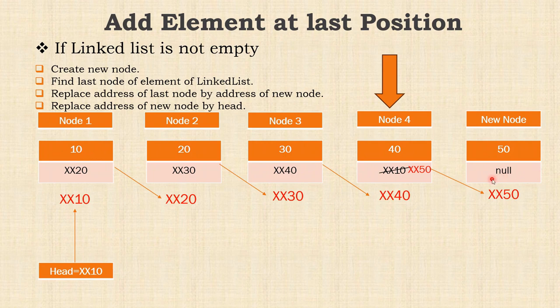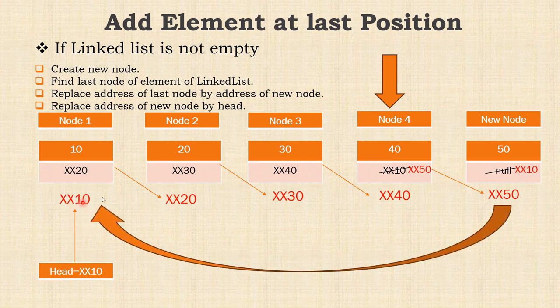So now we're going to delete null, and it will be xx10, and it's done now. So now this new node will point to xx10, that means the first node, making one circle. Okay, so like this we can add an element at the last position.